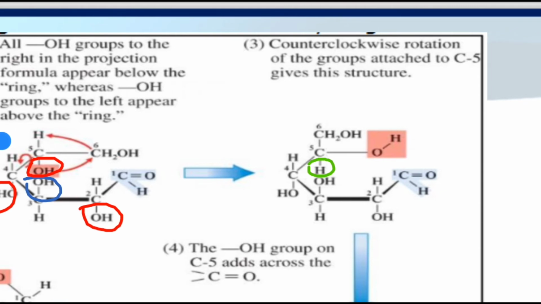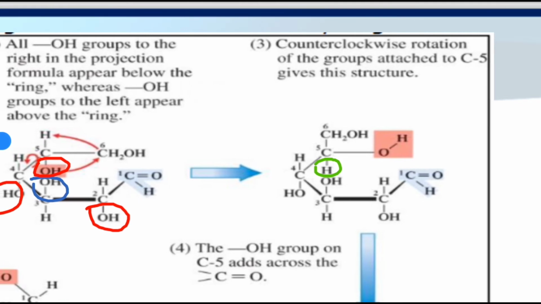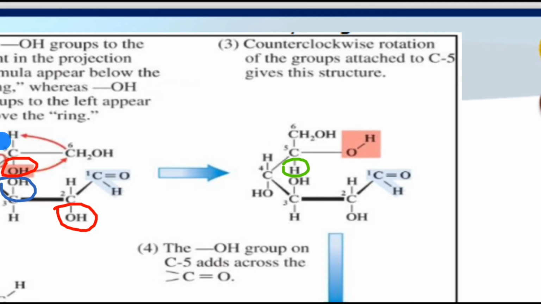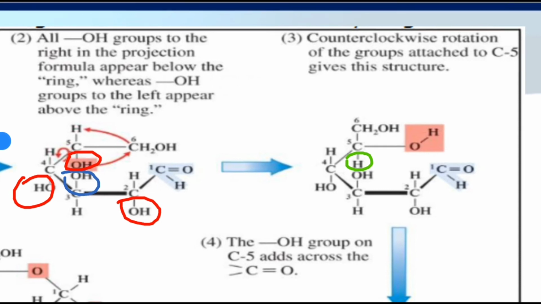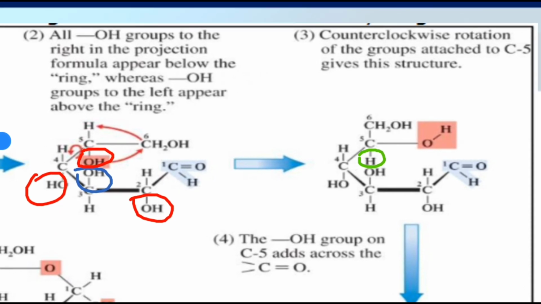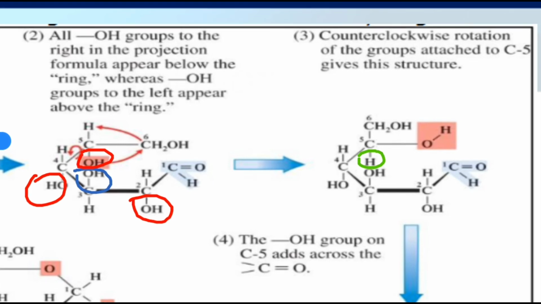There is a counterclockwise rotation of the groups attached to carbon 5, which will give the structure below step 3. But in order to understand that, we have to go back to step 2. There is an arrow there colored red. What you can see is that the direction of the arrow is rotating counterclockwise. So that OH group highlighted in red will replace the position of CH2OH on the right side.